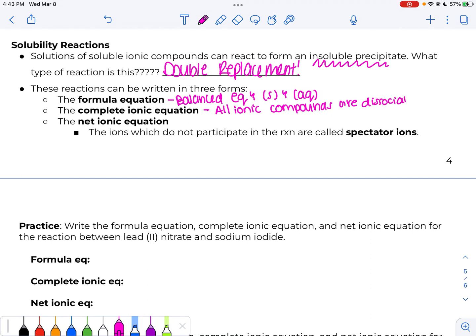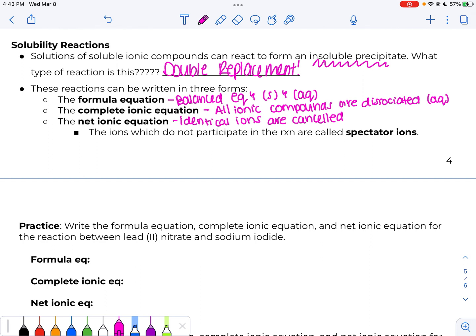So everything that's ionic, you break it up to write it as its aqueous form with its ions. And then you have the net ionic equation. For these, remember that if you have identical ions, they get canceled out.